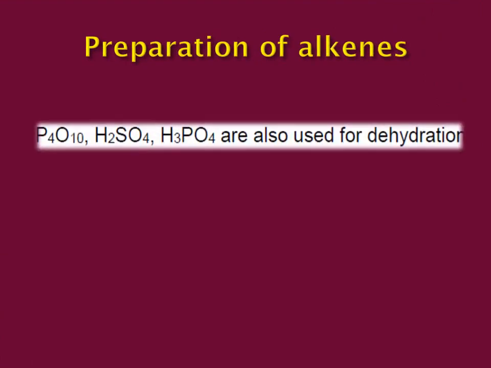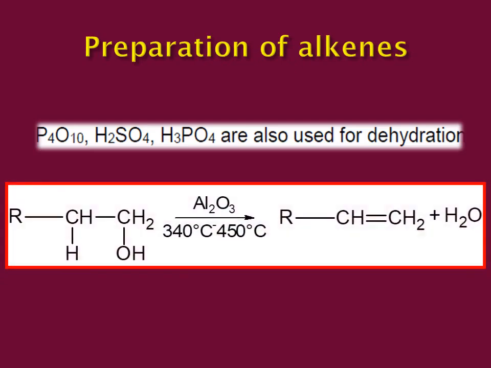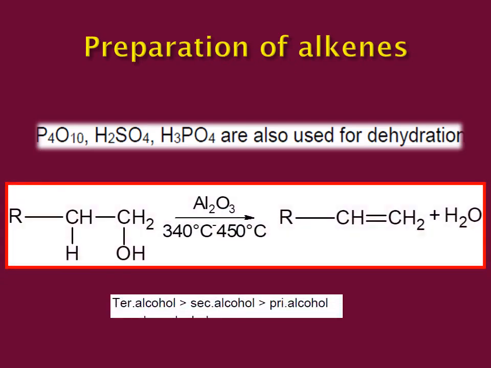Now students, you already know about tertiary, secondary and primary structures. The reactivity order of tertiary alcohol is greater than secondary alcohol, and secondary alcohol is having greater reactivity as compared to primary alcohol. Now just to recall, tertiary alcohols are those in which the carbon to which the OH group is attached will be further attached with 3 carbon atoms.